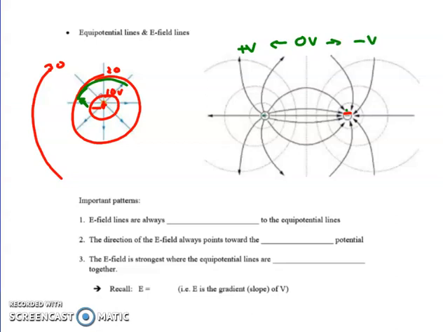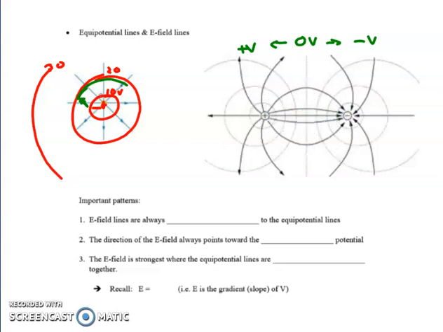You can think of it as the peak of a hill, then flat ground, and then a pit. This is based on the idea of a hypothetical positive charge, which would naturally go downhill from the positive toward the negative.